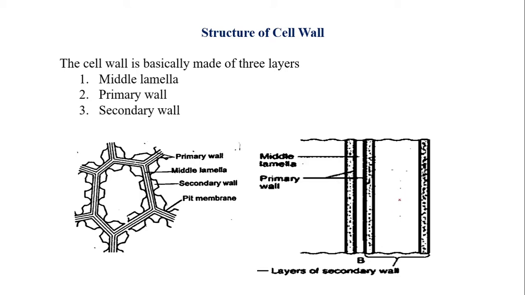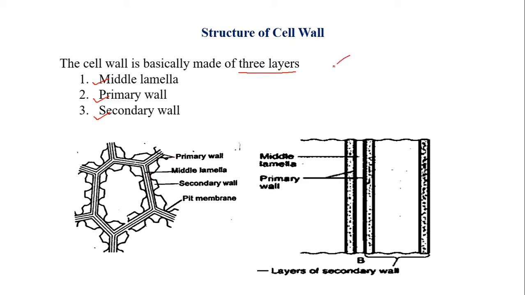Let us see the general structure of a cell wall. The cell wall is basically made up of three layers. They are the middle lamella, the primary wall, and the secondary wall. This diagram here shows all the three layers, which are the middle lamella, the primary, and the secondary wall.